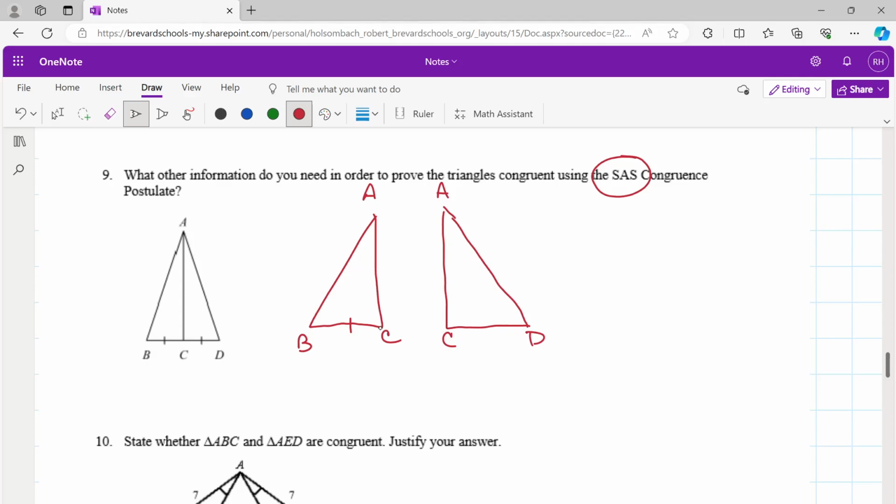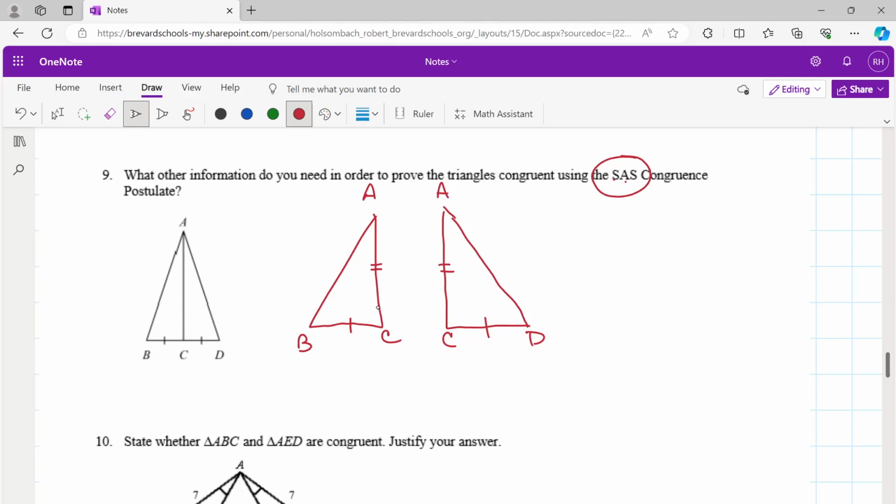And CD is congruent to BC. We need side angle side. Isn't side AC in both triangles? So isn't AC congruent to AC? All right, so side angle side means a side, an included angle, and a side.